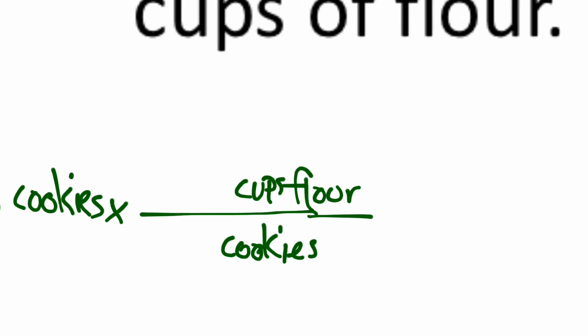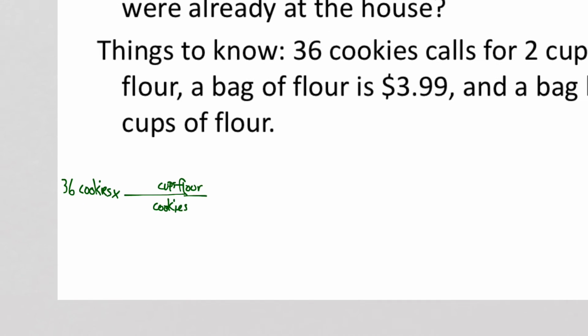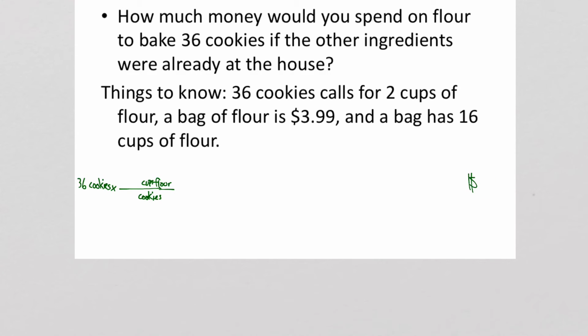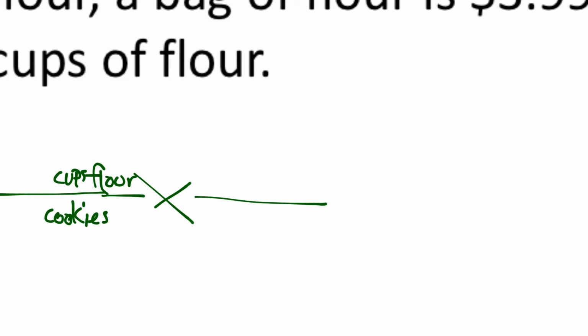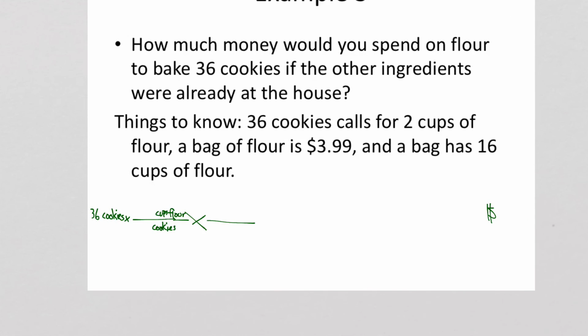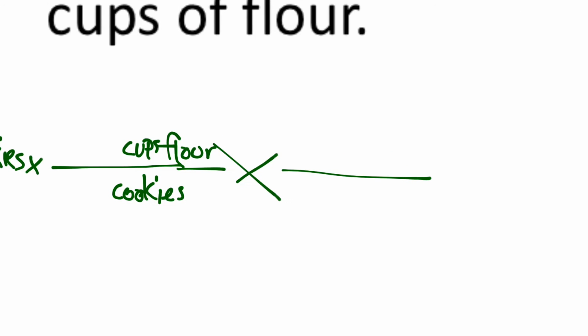I can read my numbers. Now, zooming out here. Are cups of flour what I'm looking for? No, I'm looking for money. So I continue. So, when I look at my idea here, what do I have as cups of flour? Because remember, whatever's on top needs to go on the bottom.